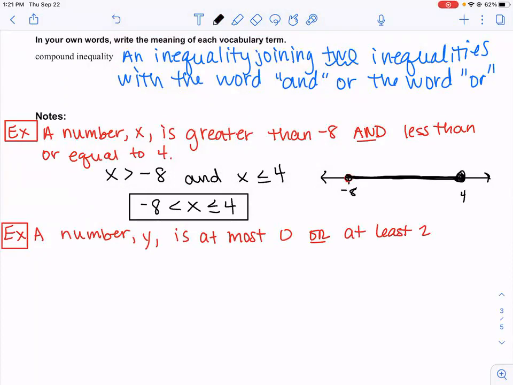Okay, if y is at most 0, raise your hand if you can tell me how I'm gonna write that. Go. Good. Or at least 2.